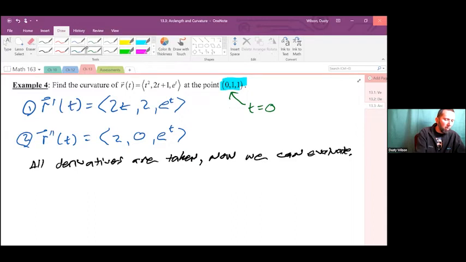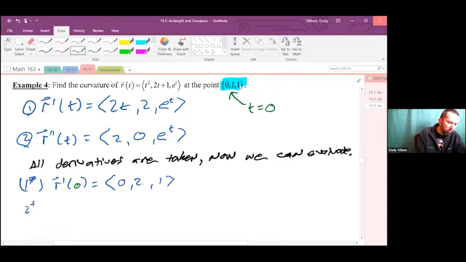But anyway, now we can do part 1. Maybe I'll call it 1 star, because we're coming back to 1. So r prime of 0, because it's t equals 0, will be the vector 0, 2, e to the 0 which is 1.